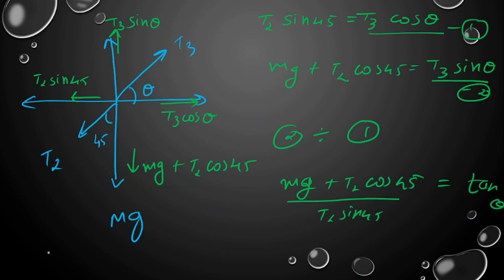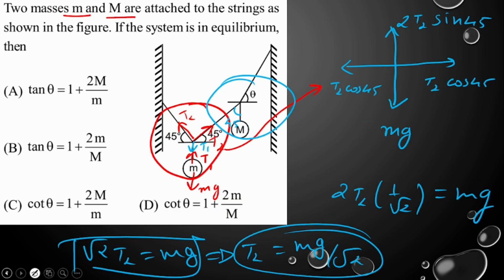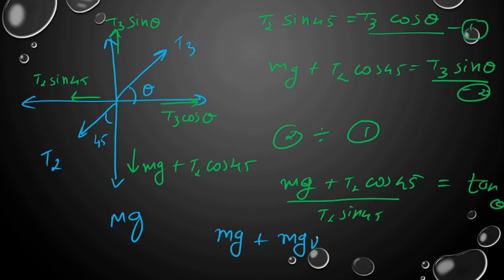So here we have the equation Mg plus small mg upon root 2.